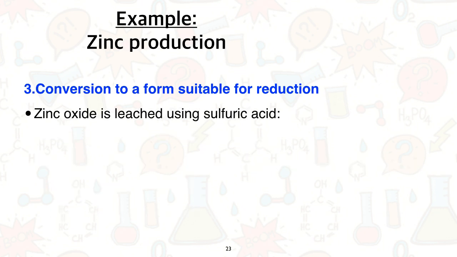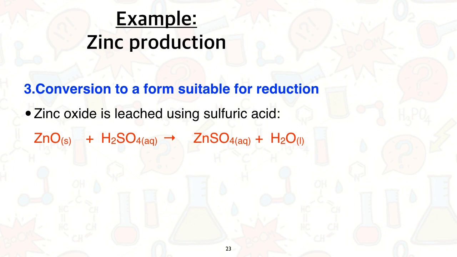So the zinc oxide still isn't in a suitable form. The key thing is that we actually want to turn it into a solution. Zinc oxide is insoluble, so we want to turn it into a form that is water soluble. Thankfully we can take that sulfuric acid we have produced, react it, and form a salt plus water.